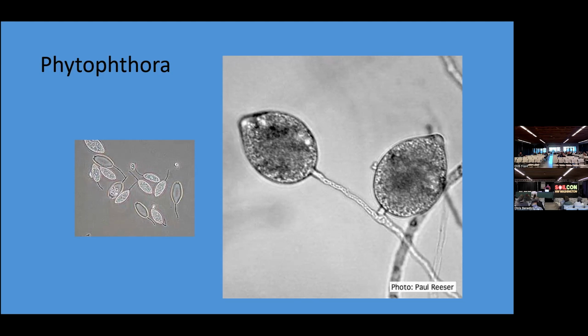Animals move around, and zoospores also move around. They have little tails, and they swim through the water like tadpoles. So if you don't have excess water in your field, they're not going to be able to move around. So zoospores are important. Again, that just underlines how important it is to not have excess water in the field when you're growing red raspberries. They're very sensitive to Phytophthora.